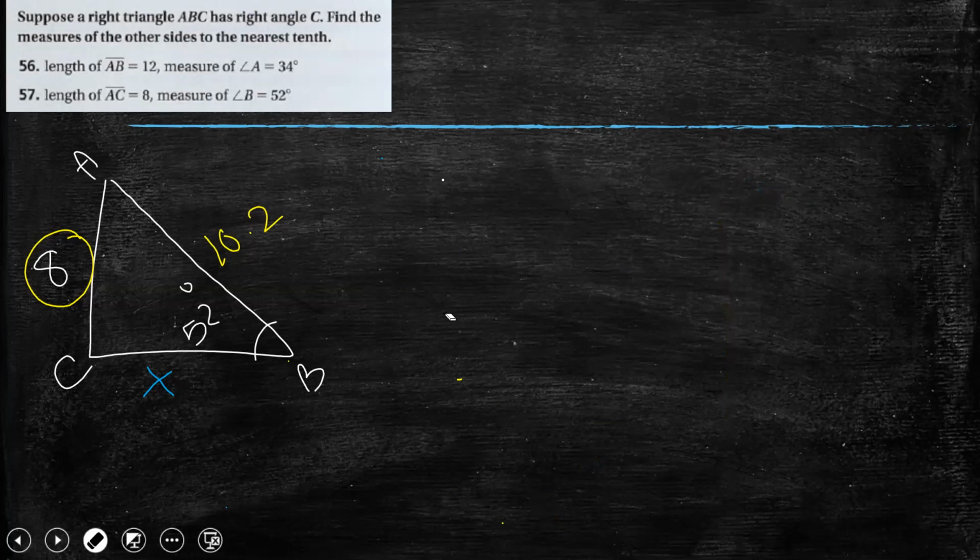Teacher, the hypotenuse is 10.15 or 10.2? It's approximate, after I round it. If I round it or you keep it as it is, there's no problem. 10.15 or 10.20 is approximately the same.